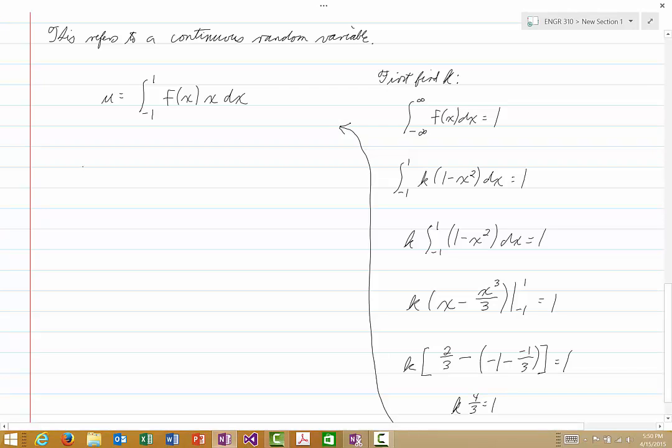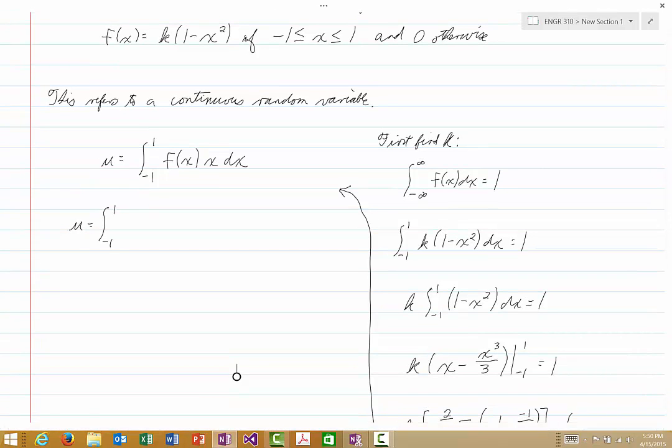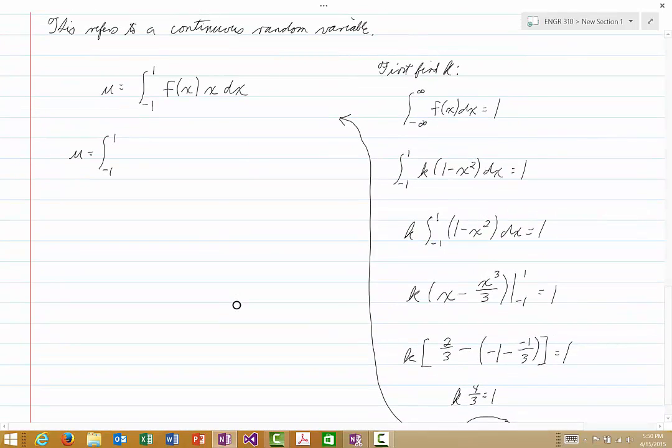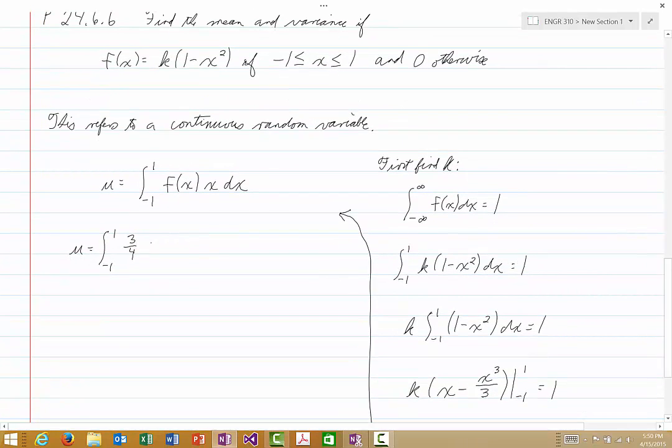So we get mu is equal to the integral from -1 to 1, and f of x is now in that range from -1 to 1. It's equal to k, which is 3/4, times 1 minus x squared, and then we have this x and dx.